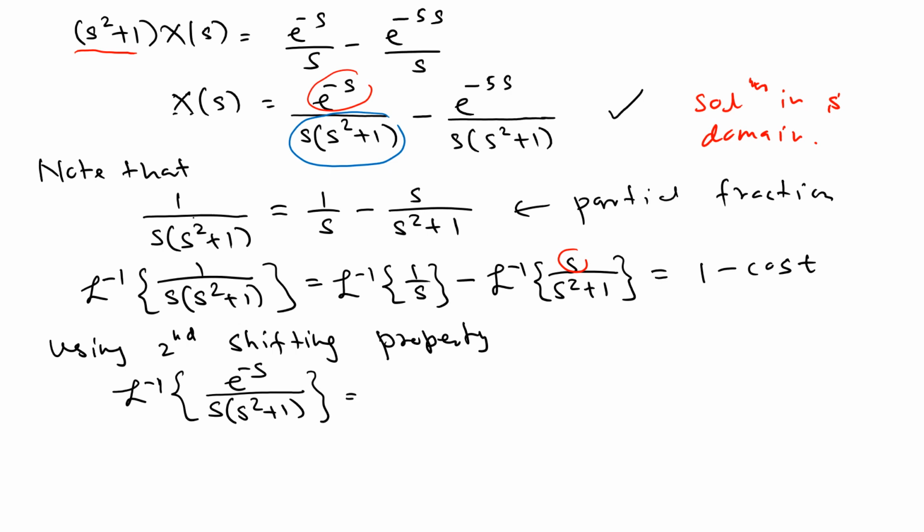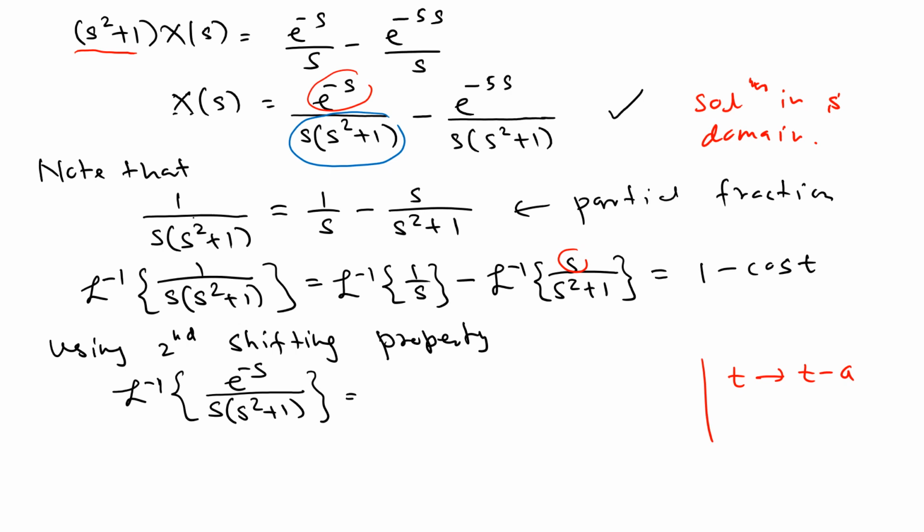This one we can write as, now we know, you have to do two things at the same time. You want to replace t by t minus a. That's how we do it.